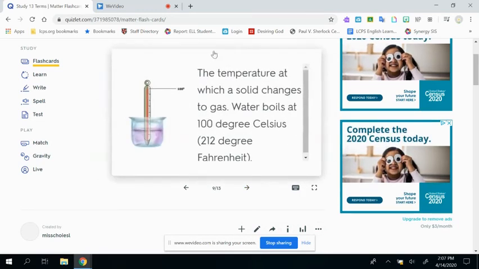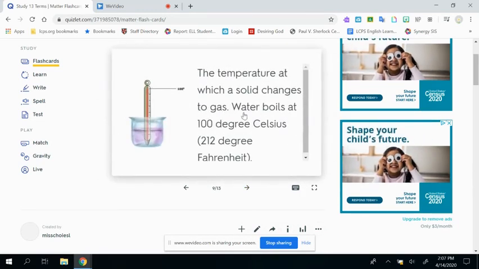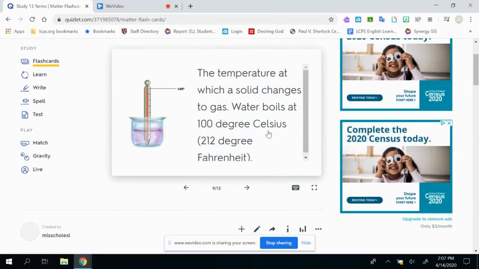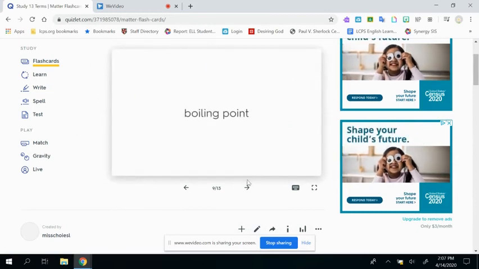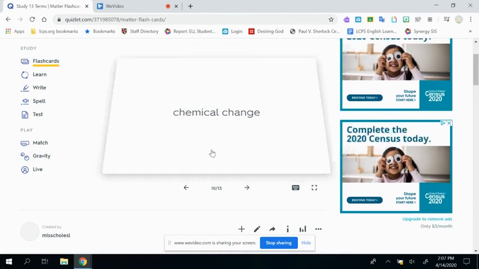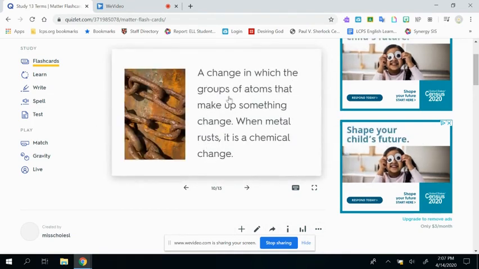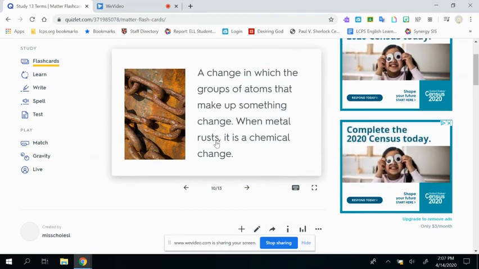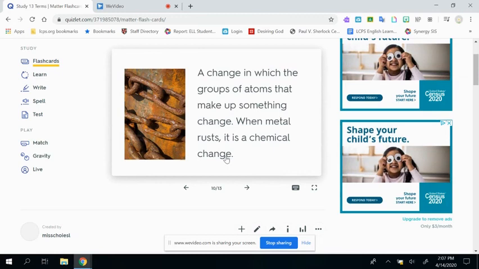Boiling point is the temperature at which a liquid changes to gas. Water boils at 100 degrees Celsius. Chemical change is a change in which the group of atoms that make up something change. When metal rusts, it is a chemical change.